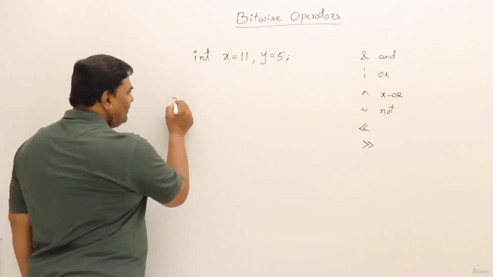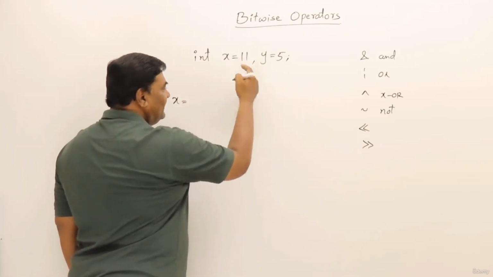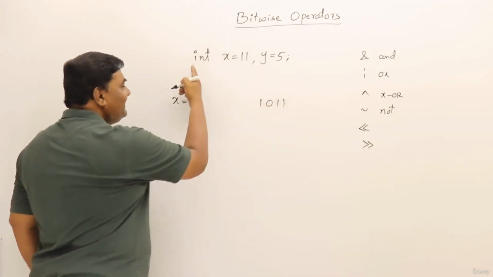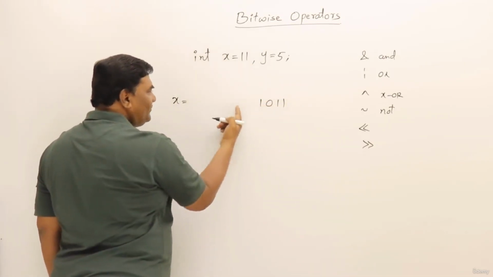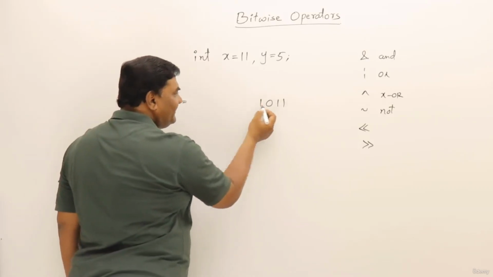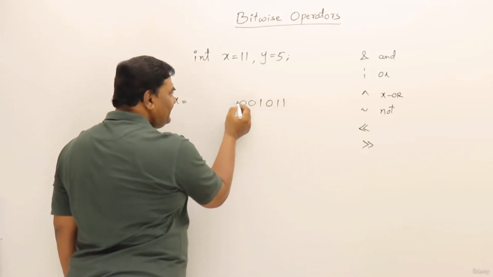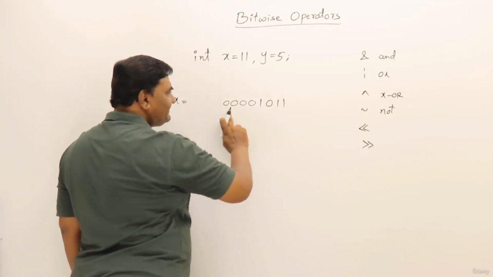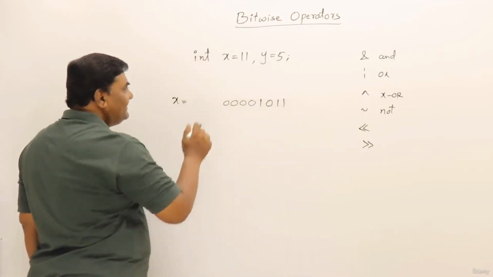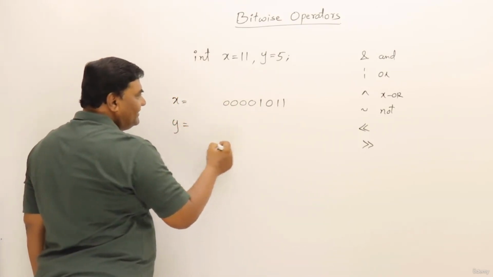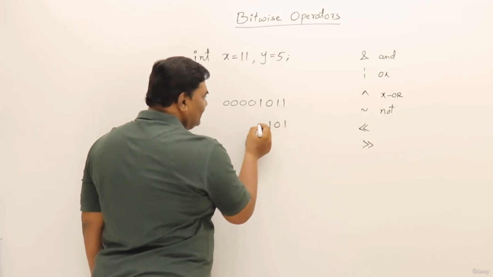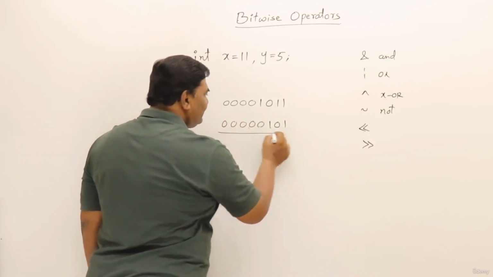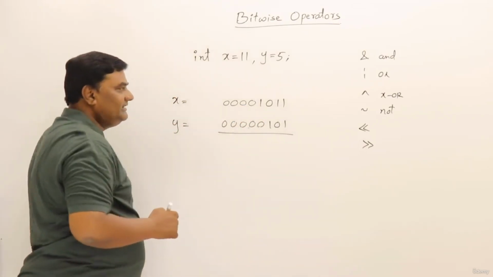So what will be the value of x in binary form? 11 means 1011. If an integer takes 2 bytes, then it will be a total of 16 bits. So 4 bits are there, and the remaining bits will all be 0. But I will not write all 16 bits, I'll just write 8 bits here. In the same way, y value 5 is 101, and the remaining bits are all zeros. So let us understand this on 8 bits only.